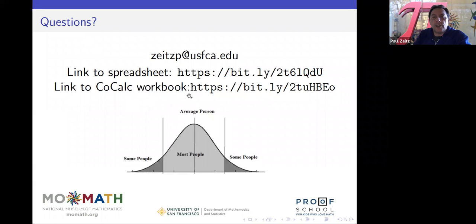Likewise, in some of the previous sessions, I had workbooks that use a very powerful Python-based computing platform, and I've included some statistical plots in there.